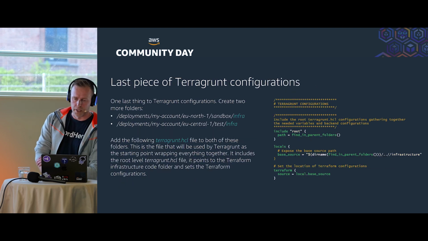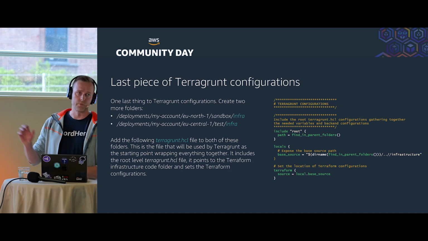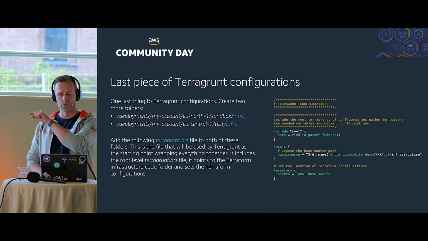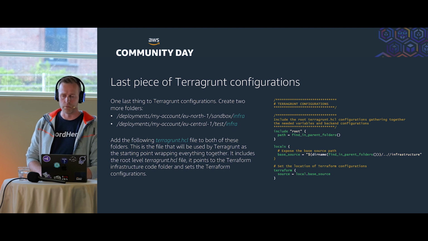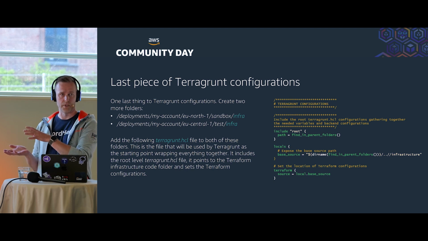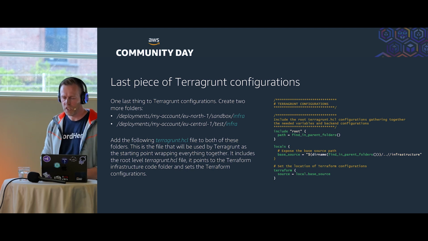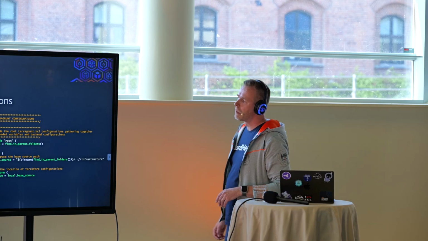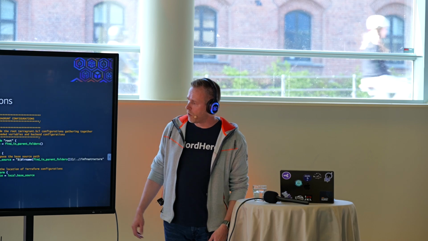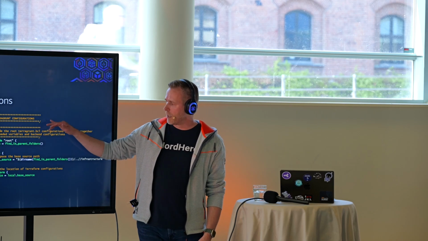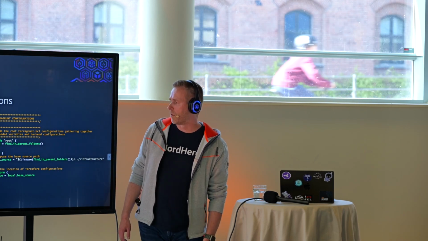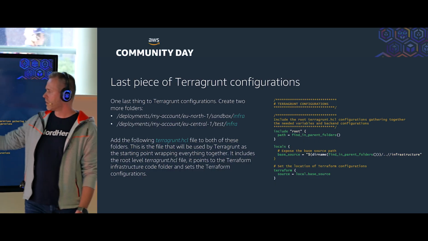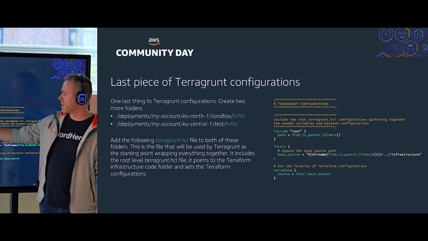On the leaf side of the tree, I will need another configuration file. On each of those leaves of my tree, I need the same file, which is not DRY, but that is something where Terragrunt is not that DRY. I need this exact file, and what it does is find the way to the root. I have a folder here in the sandbox account.